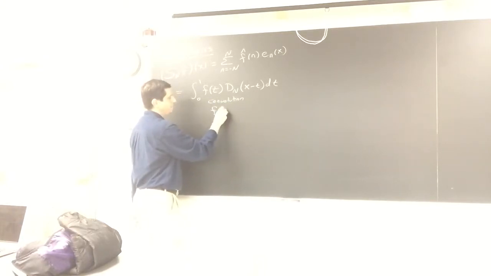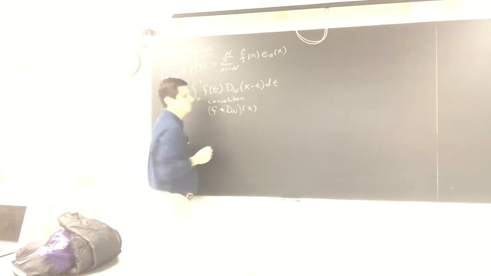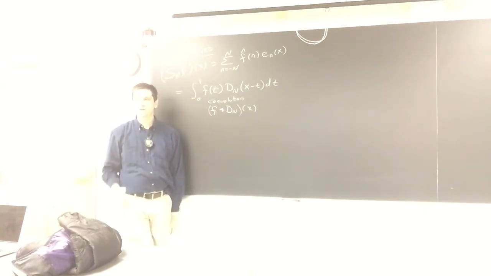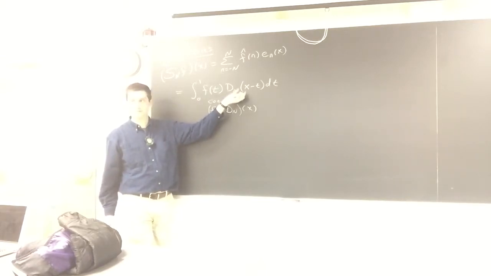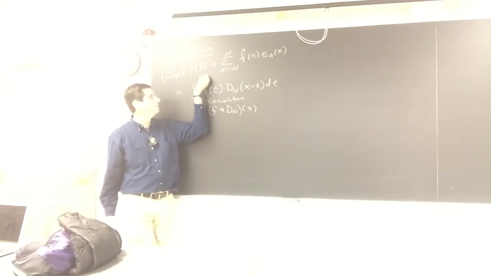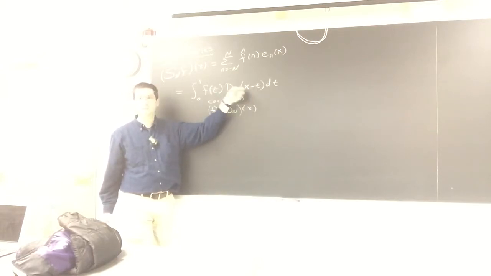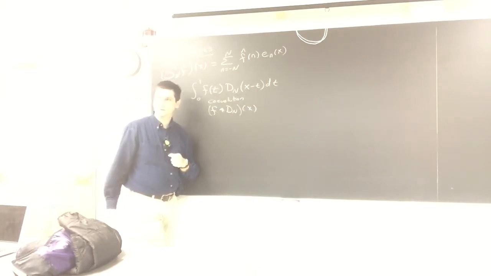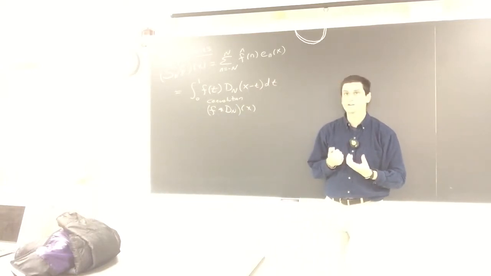We often write this as f star D_N at x. You can also view this as an integral transform. I start off with the function f, and I get a new function out of this. And the new function is going to be a function of x, and the x dependence is here. I'm integrating with respect to t. The t is occurring in both parts. Okay, so you give me a function f, and this is going to give me a new function S_N of f.